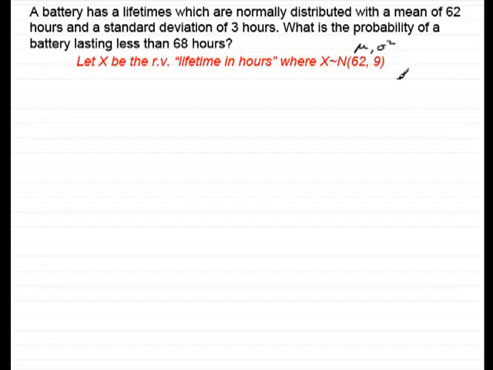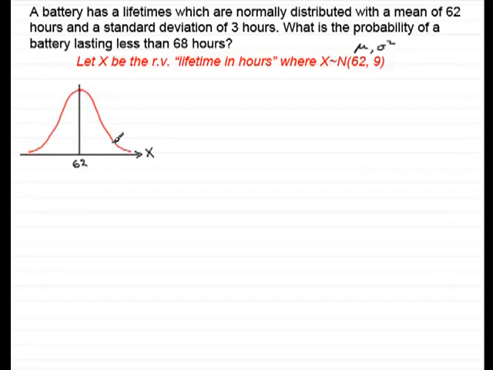Okay, so the next thing I'd want to do is do a sketch of the normal distribution for x. So I need to label that axis x. We've got the mean here, which is 62, so that's the central value. We'll put that in. And we're looking for the probability of a battery lasting less than 68 hours, so I need to mark in the observed value of 68.